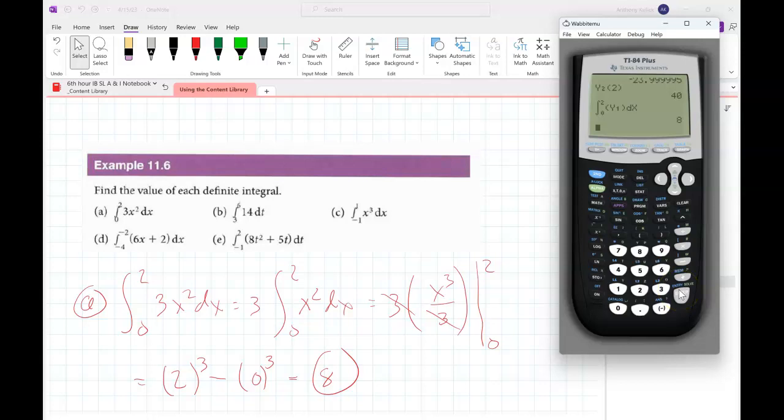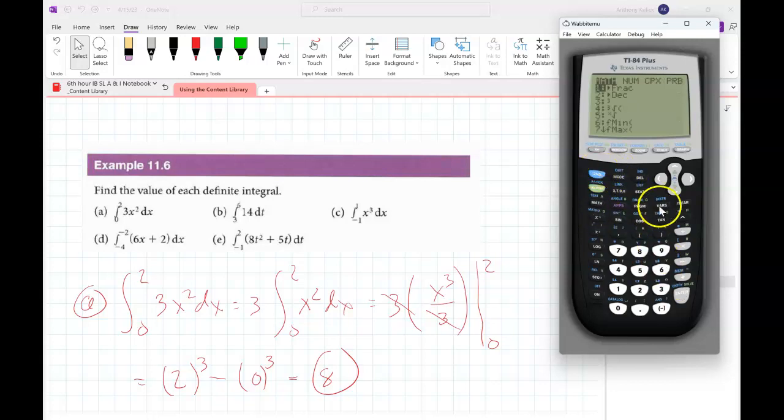Yes, sir? Could you just put like 6x there? You could type the function in there directly also. If you have a bunch of them to do with the same function, though, or if the function is long and complicated, I think it's often easier to put it in this way, but you could certainly type the function directly.